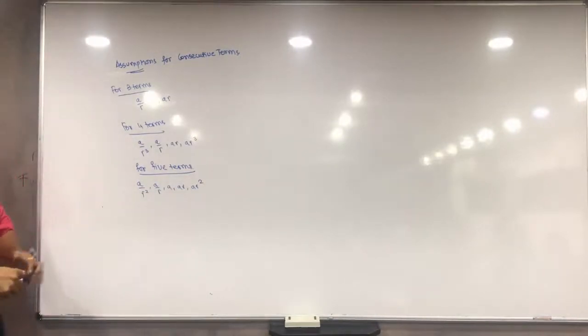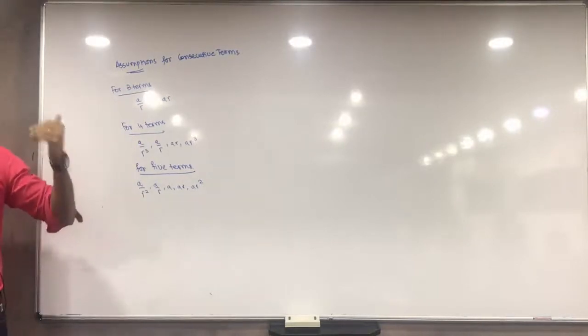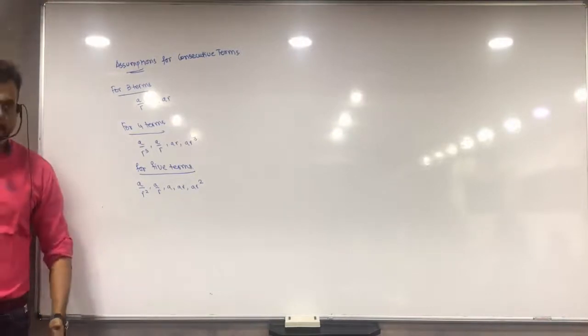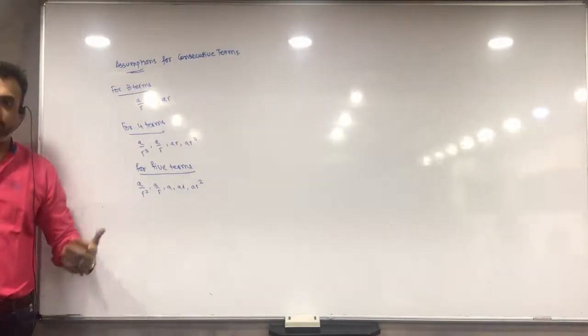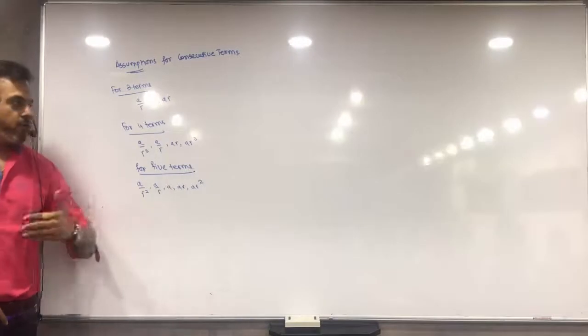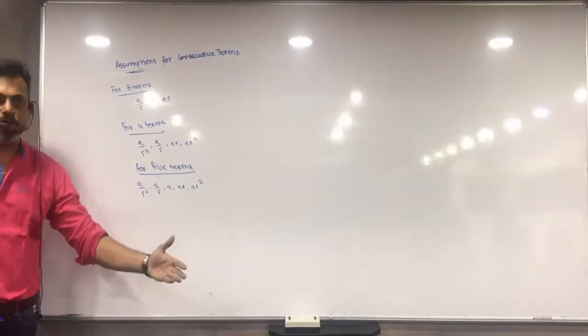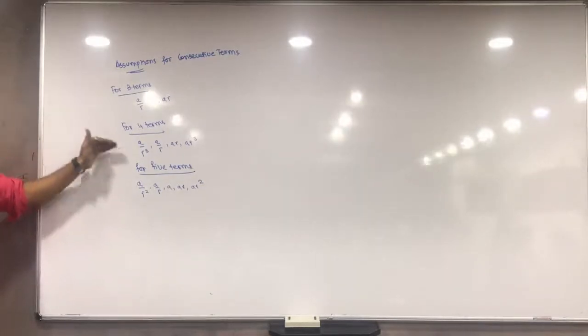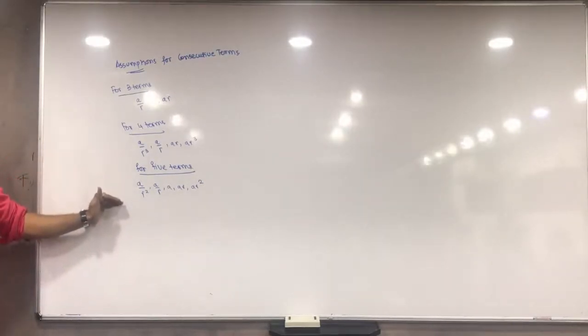Now you will say, sir, what is the need of this? We can't directly take T1, T2, T3 as A, AR and AR square. If you do that, then you will not be able to get the answer. So whenever such sums come, with 3, 4 or 5 consecutive terms, you have to assume from this or this or this, whatever the question is. You will have to remember this. You have to learn this.